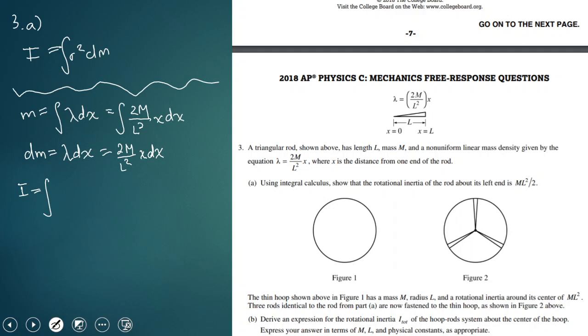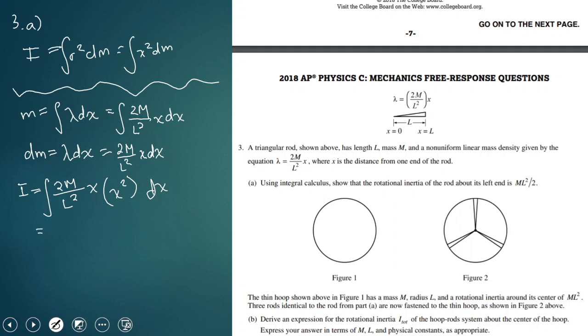So we can rewrite this as 2m over L squared times x, times x squared, times dx. The reason I can rewrite this is that it is the integral of x squared dm. As you can probably see in figure 1 and figure 2, our radius is going to be x.